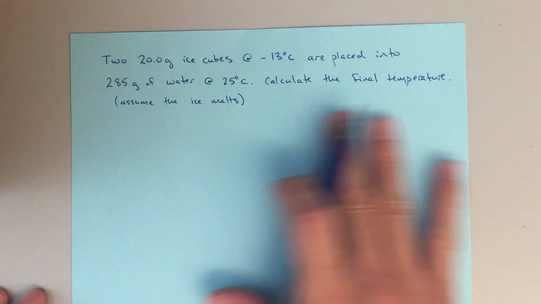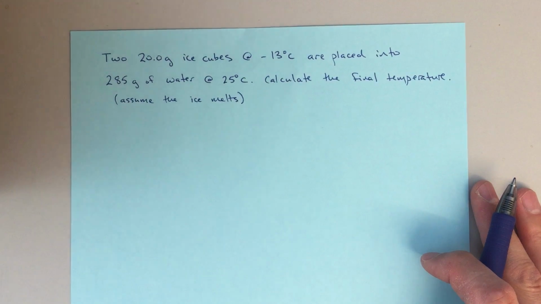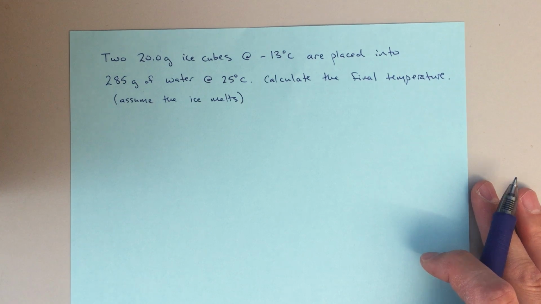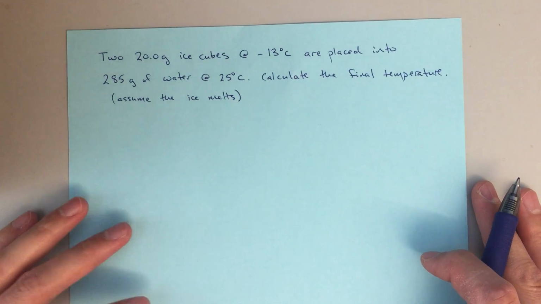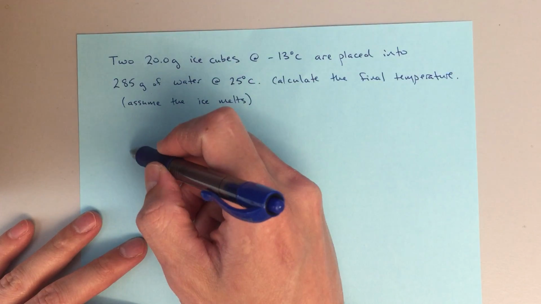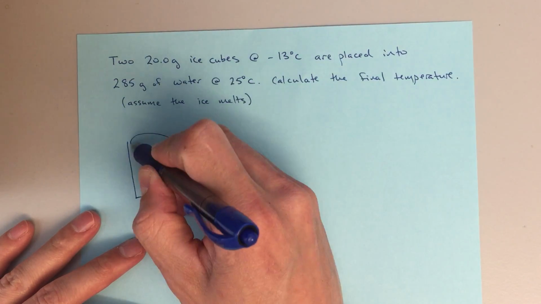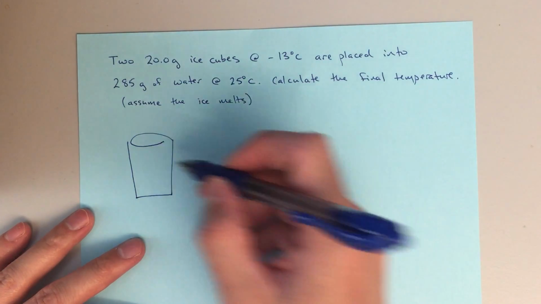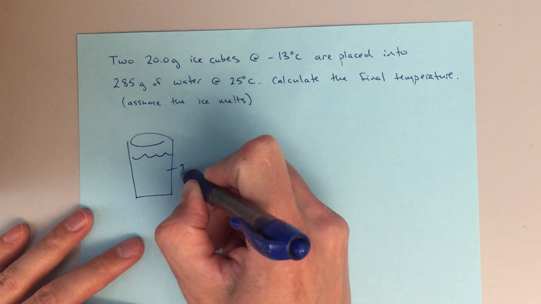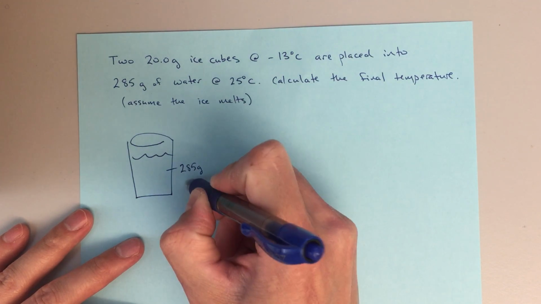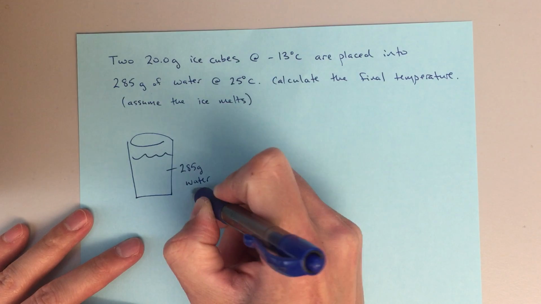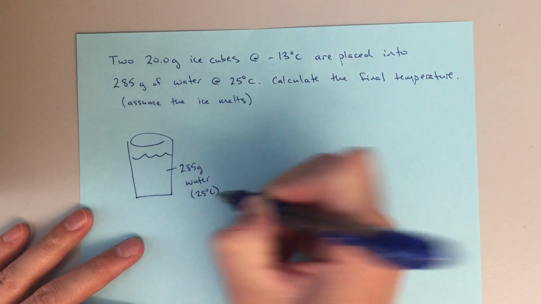So here's the question. I've rewritten it. Two 20-gram ice cubes at minus 13 degrees Celsius are placed into 285 grams of water at 25 degrees Celsius. Calculate the final temperature. So the first thing that I might do is draw a cup with 285 grams of water that's at 25 degrees Celsius.